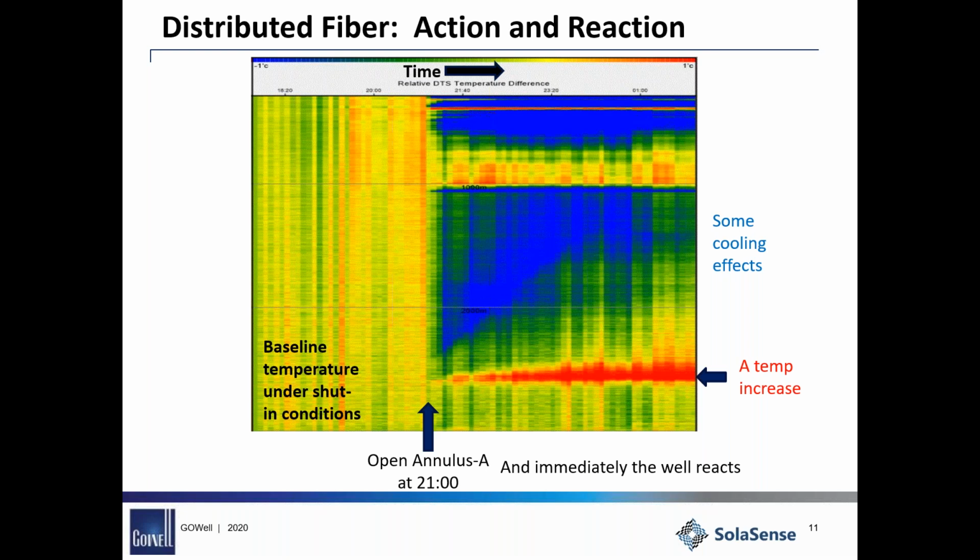We did have a question that came in just prior to the webinar around availability of fiber in slickline and cables, and also the ability to have a wireline tool at the bottom of the fiber transmitting back to surface.